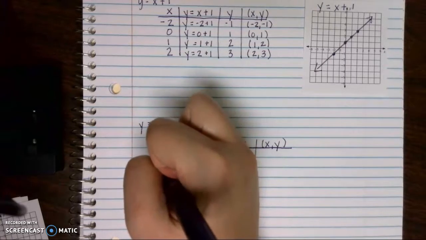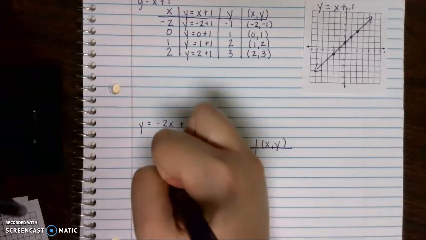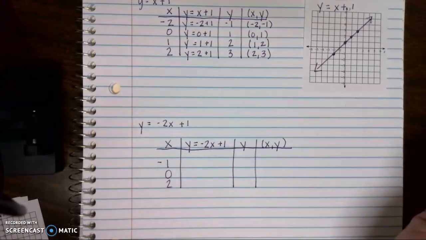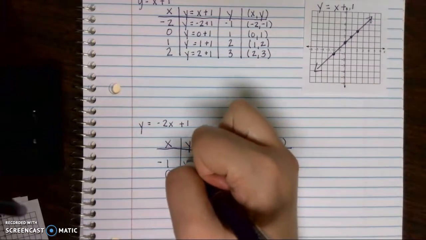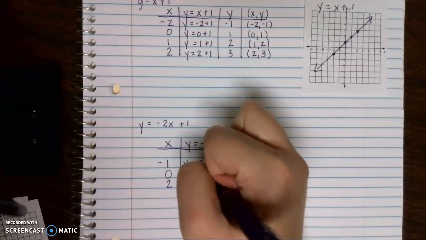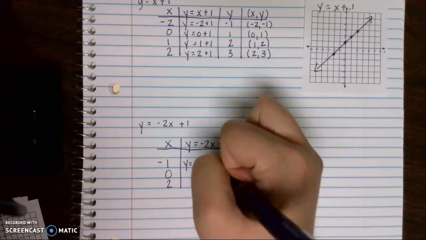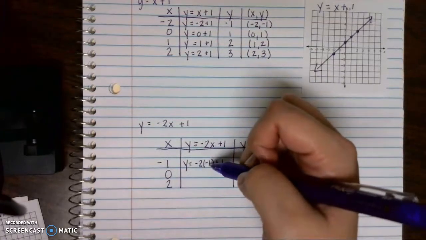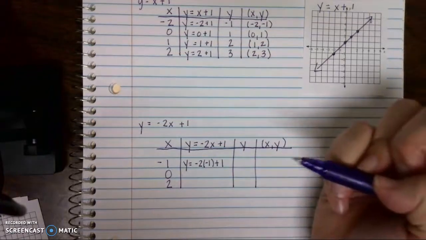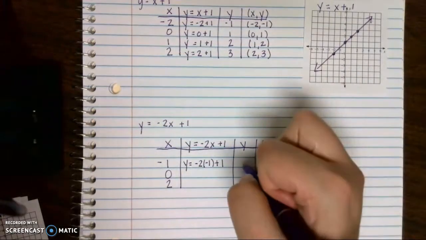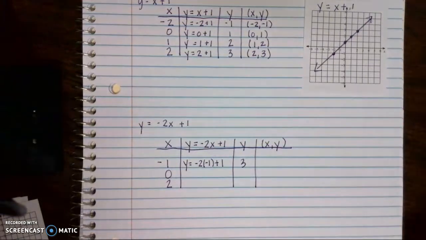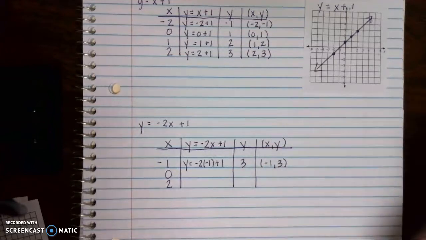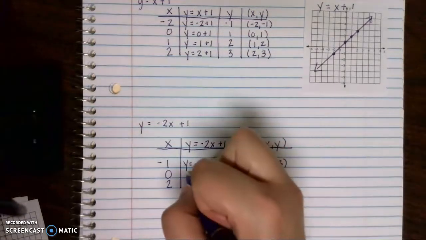So I'm going to use -1, 0, and 2. And then I'm going to plug them in. Y equals -2 times -1 plus 1. Well, -2 times -1 is a positive 2. Positive 2 plus 1 is 3. So my ordered pair for this will be at -1, 3. Then I do the next one.